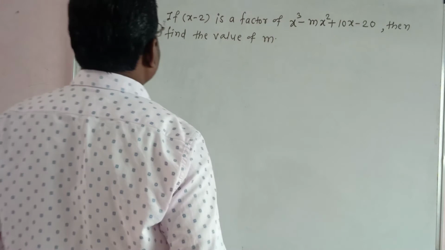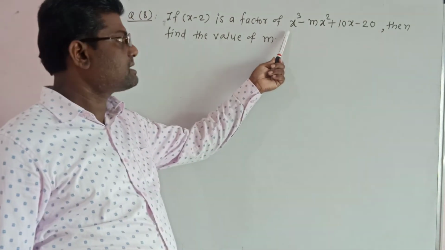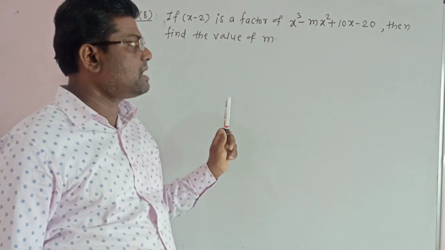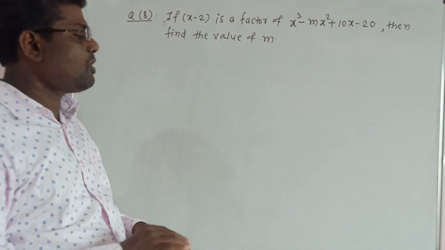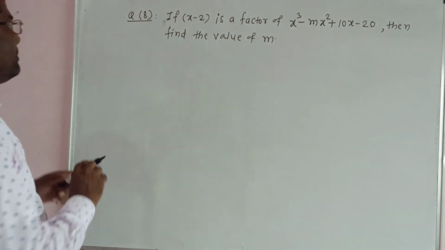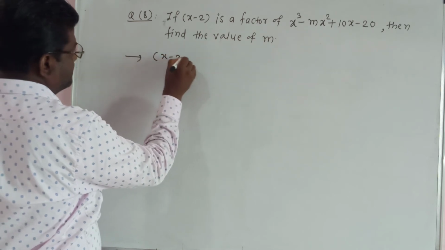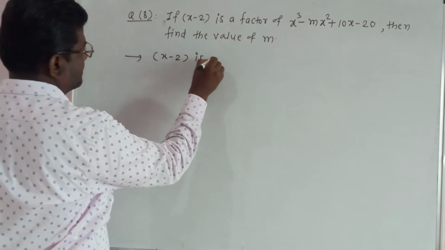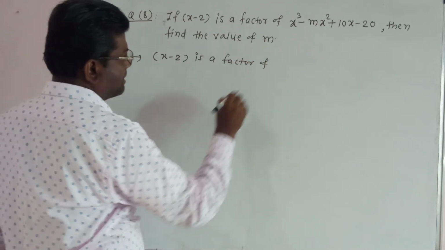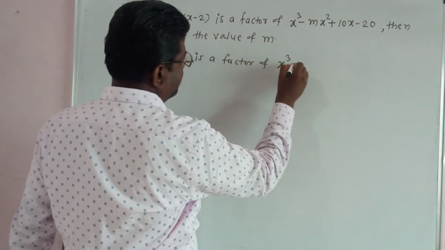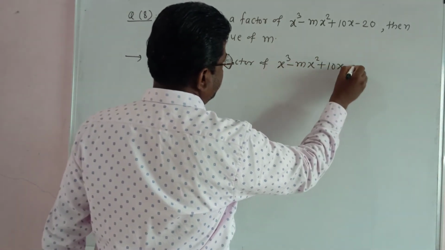Question number 8. If x - 2 is a factor of x³ - mx² + 10x - 20, then find the value of m. Now here x - 2 is a factor of x³ - mx² + 10x - 20.